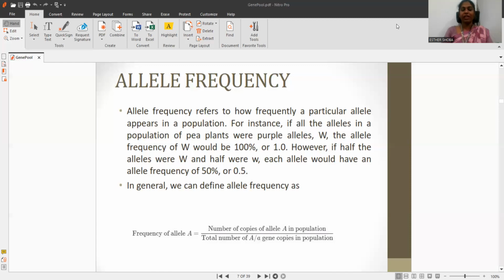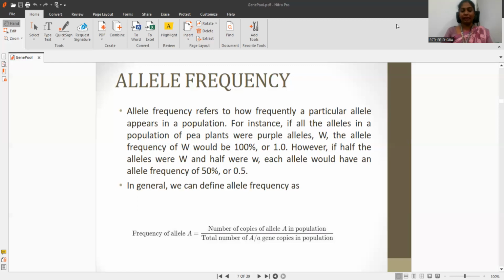So now if we have to find out in a particular population how many dominant forms of the gene we have, we call it allele frequency. So if I have to find out in a population how many dominant forms of the alleles are there, we can usually calculate them by taking a formula.